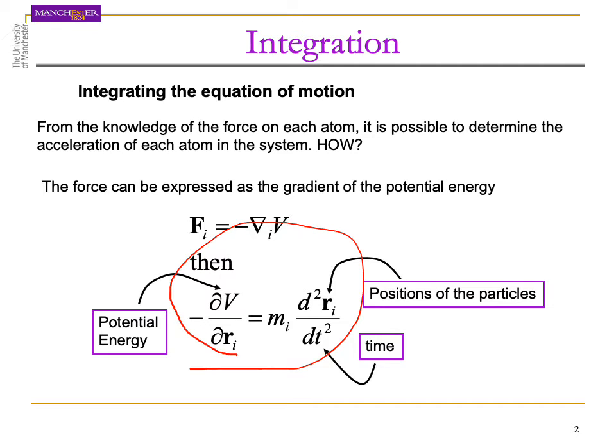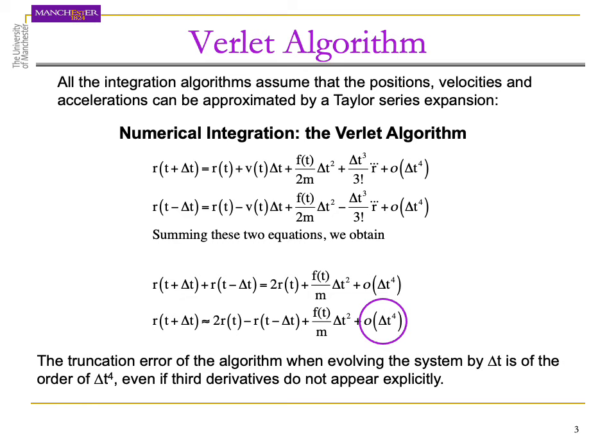Just remember that a typical MD simulation uses tens of thousands of atoms, and the functional form of the force field is so complicated that we cannot solve this equation analytically. We have to use numerical integration.